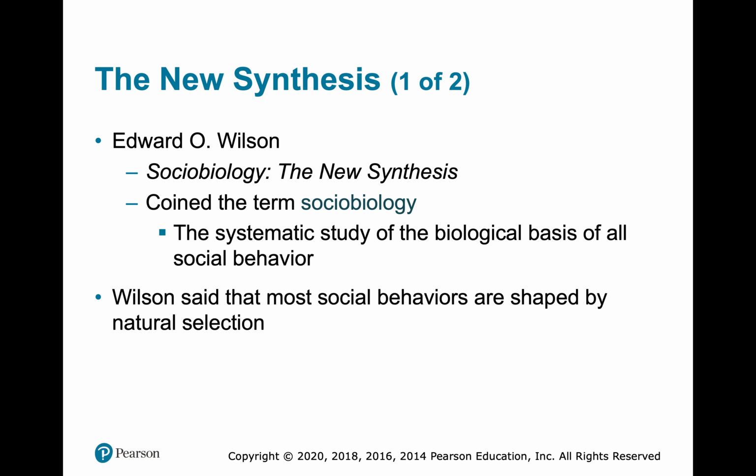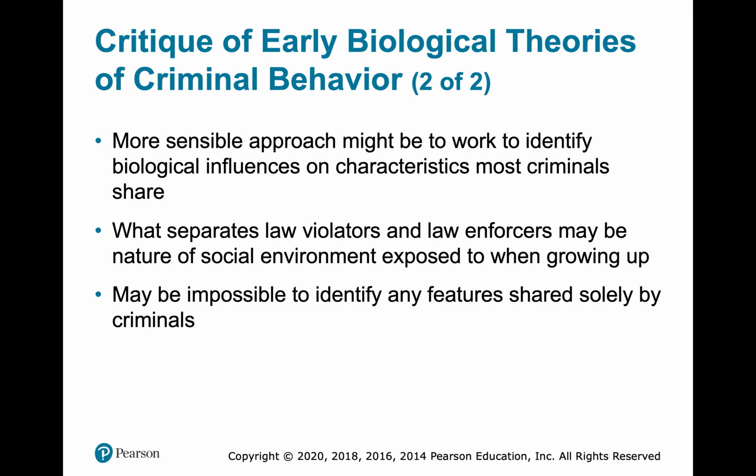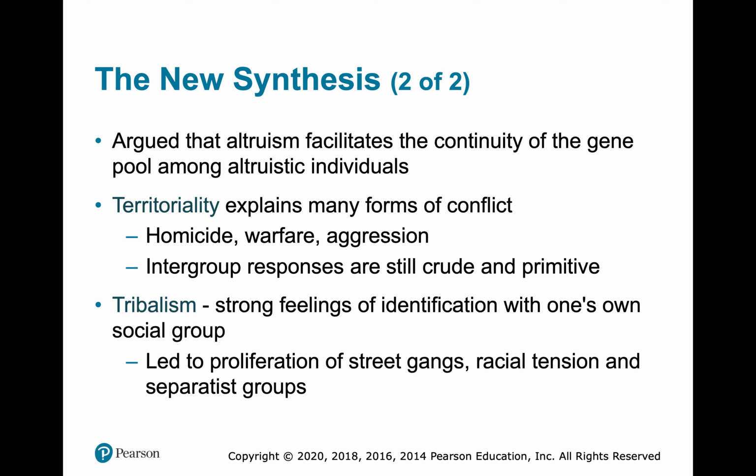Now, Edward Wilson coins the term sociobiology, which is the systematic study of the biological basis of all social behavior. And he says that most social behavior is shaped by natural selection. And he focuses on a couple of things. One argument he makes is that altruism is actually inherited. Altruism facilitates the continuity of the gene pool among altruistic individuals.